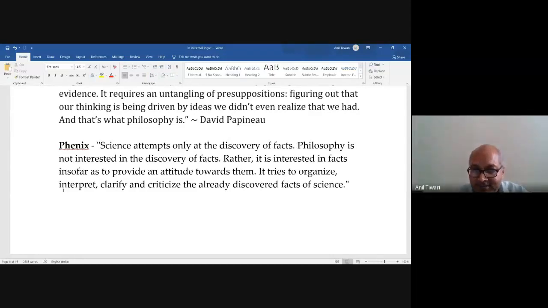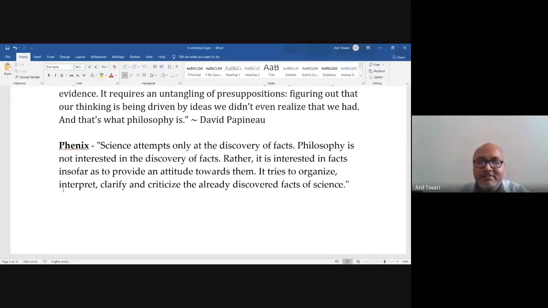So what he's saying immediately after that, the moment you find a kind of problem in the assertion, this is a logical way of writing. When you say philosophy is not interested in the discovery of facts, immediately there is a frowning. Then what is it? What he says immediately after that is, rather, it is interested in facts insofar as to provide an attitude towards them.